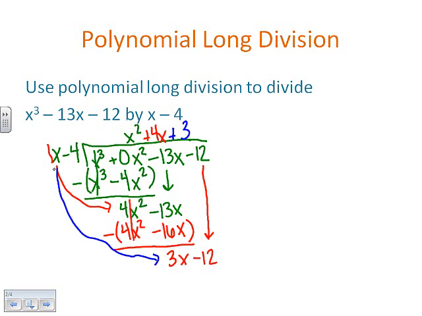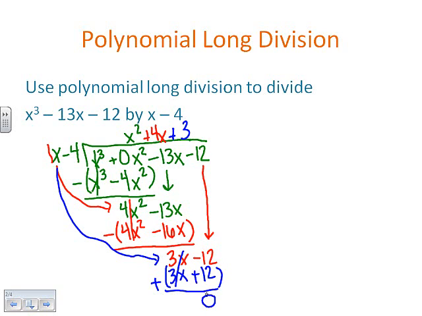So that 3 times x makes 3x, and 3 times negative 4 makes negative 12. So now, once again, we subtract these, and that first term will cancel out. Then we do negative 12 minus a negative 12. Once again, that will become plus a positive 12, which leaves us with a remainder of 0.